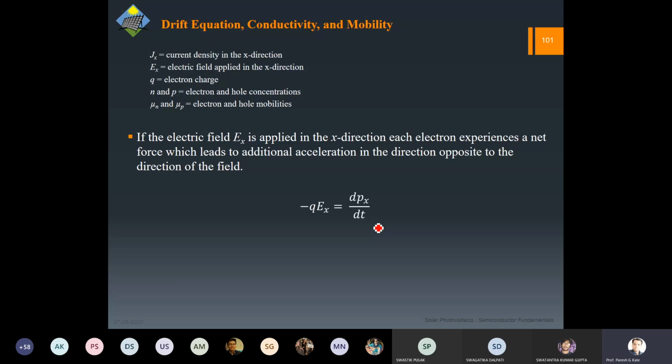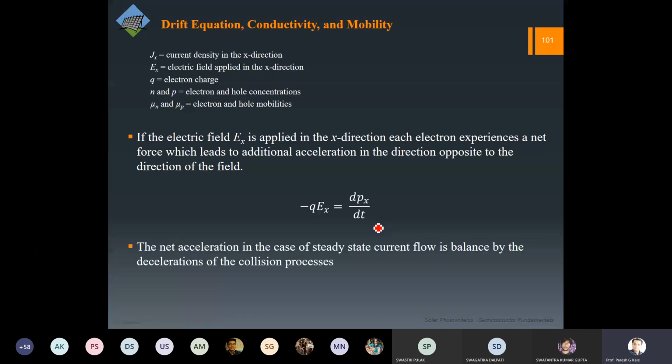So you can see that the electron movement will be opposite to the direction of the field, and there will be some net acceleration. Whenever there is this acceleration, a steady state current flow is going to balance, and obviously when they are moving, it is opposed by the collision processes, so that balance is achieved between the flow of electrons, or the acceleration, and the collision process.